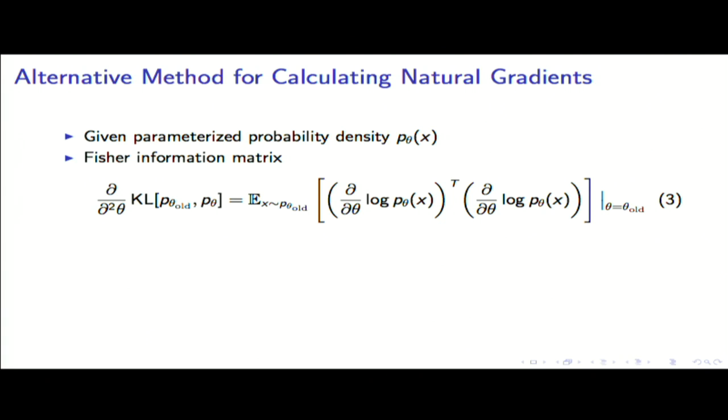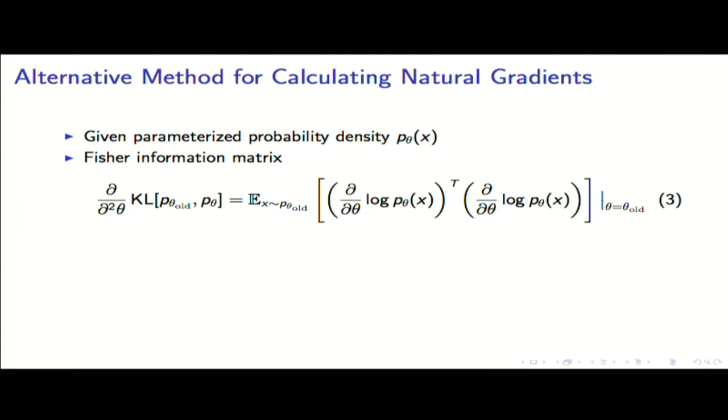The technique I just described, using conjugate gradient and thinking of it in terms of the KL constraint, is actually a newer way to do this. The older way is that you can compute this matrix H that we were talking about earlier in a different way.